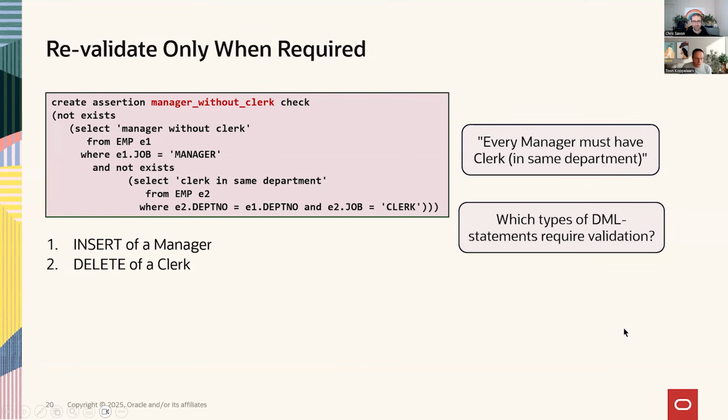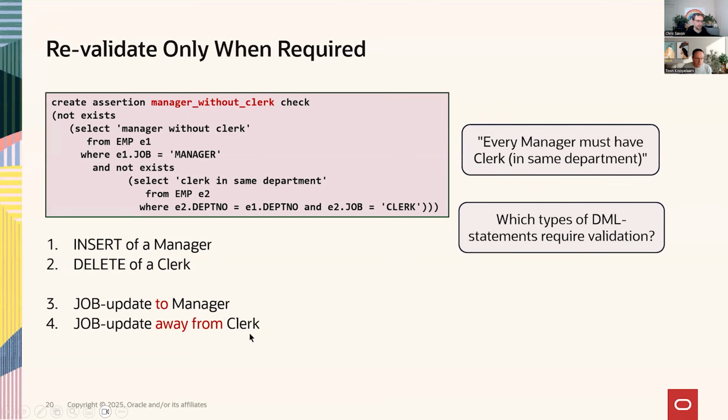Now, once you know the inserts and the deletes, you can deduce the type of updates that could potentially violate this SQL assertion. The first one would be if you promote somebody to become a manager, because updating the job to manager is basically introducing a manager. It's sort of like the update equivalent of inserting a manager.